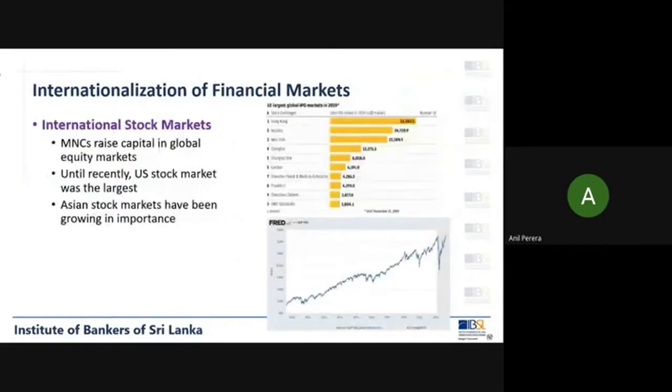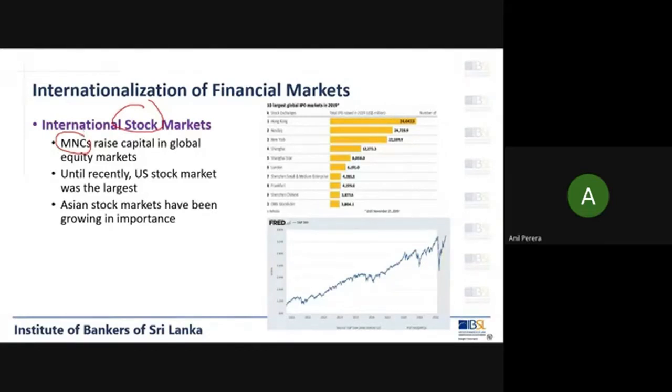Then international stock markets. As I said, the other type of instrument traded in international markets is stocks. Why are international stock markets important? MNCs, multinational corporations, raise capital in the global equity markets.